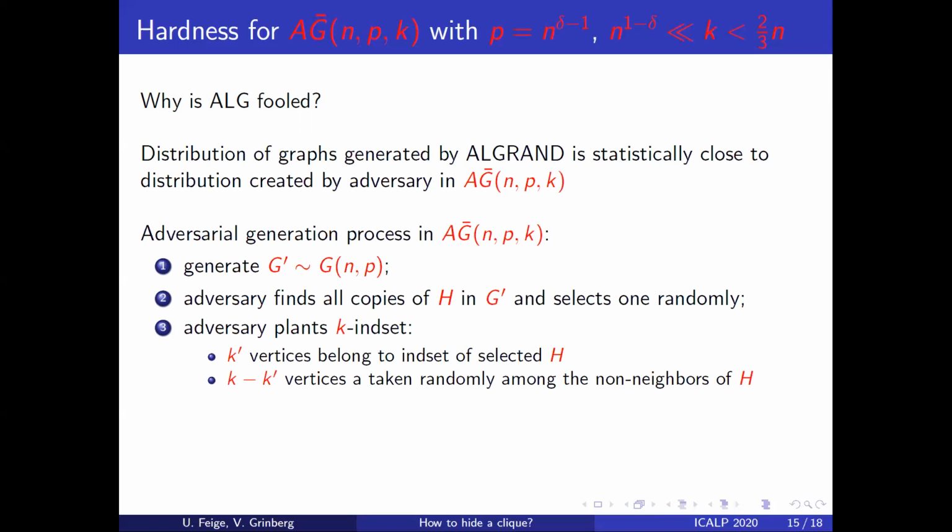First, we generate a random G(n,p) graph G prime. Then the adversary finds all copies of H in G prime and selects one of them randomly. Next, the adversary plants a K independent set as follows. K prime vertices are chosen from the independent set of H, and the remaining K minus K prime vertices are selected randomly among the non-neighbors of this copy of H.